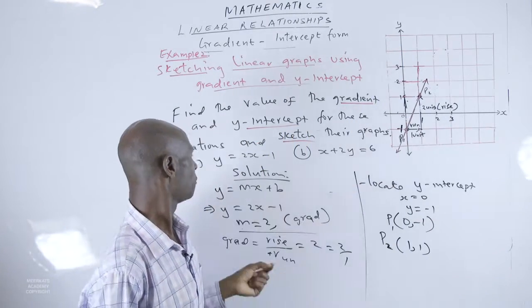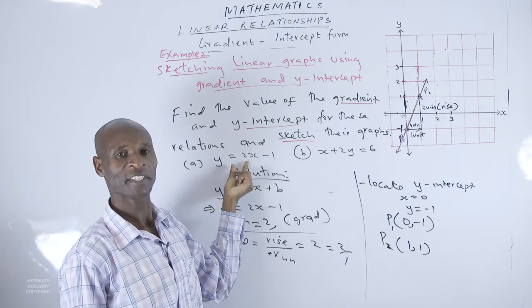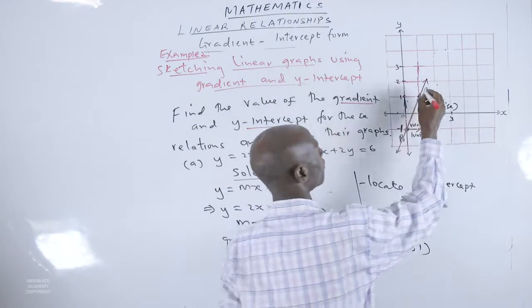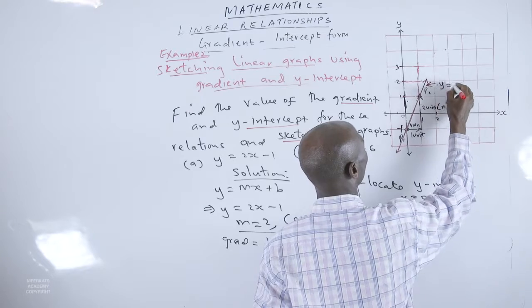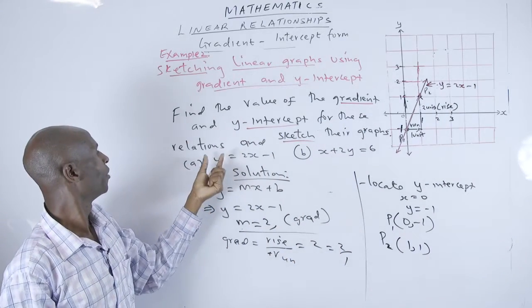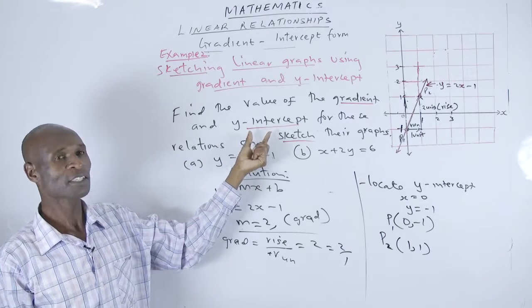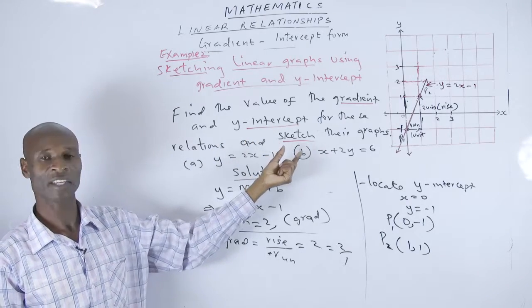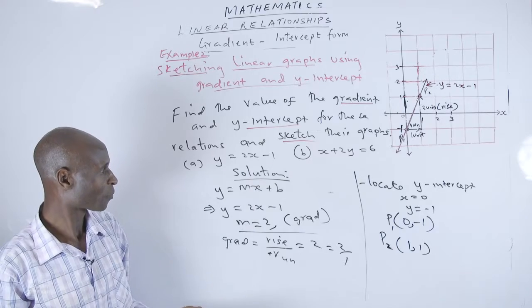So that line we have obtained is now the line y is equal to 2x minus 1. And that is how we use gradient y-intercept to sketch the graphs.